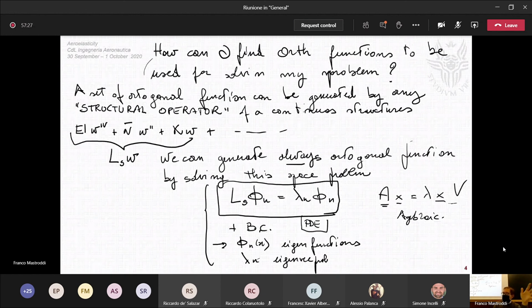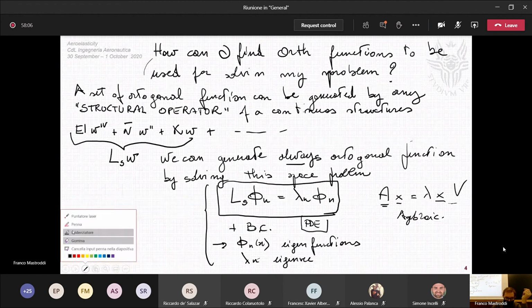You have an infinite dimension instead of a finite dimension. So you have an infinite number of eigenvalues and eigenvectors, not a finite number. Because the solution of this problem here is not for three eigenvalues, but for infinite eigenvalues, okay?